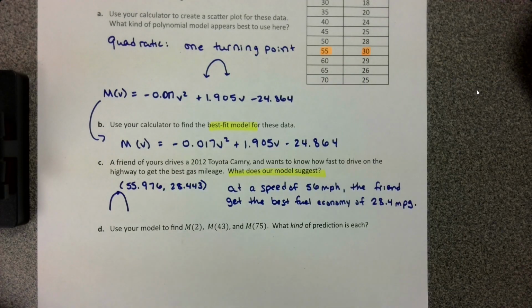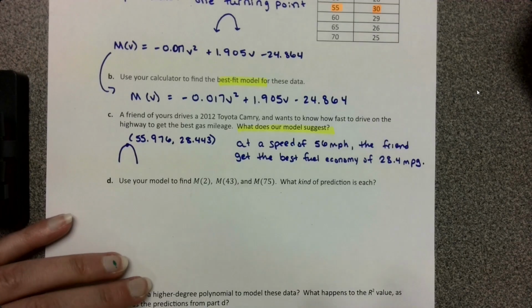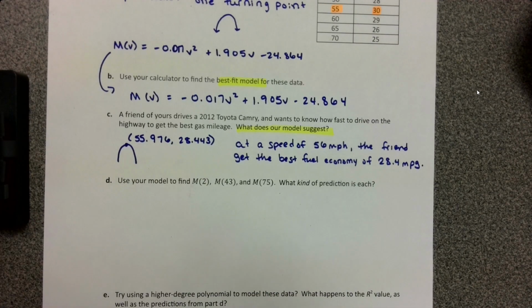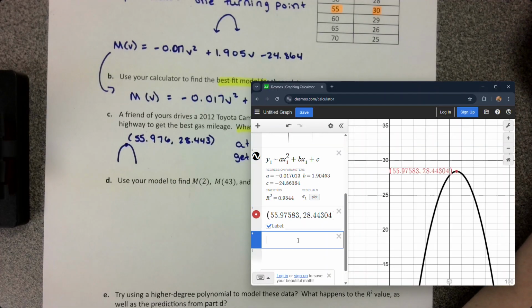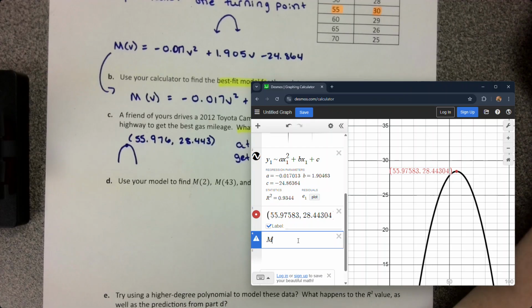All right. Use your model to make a few predictions, and then what kind of prediction is each? Okay. I'm going to enter this model here so that I can use function notation.